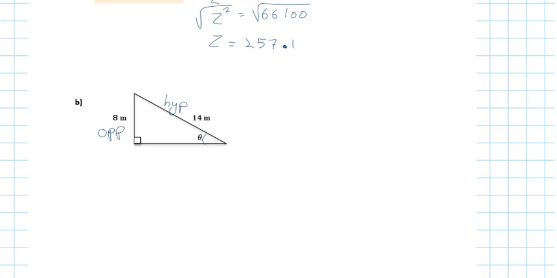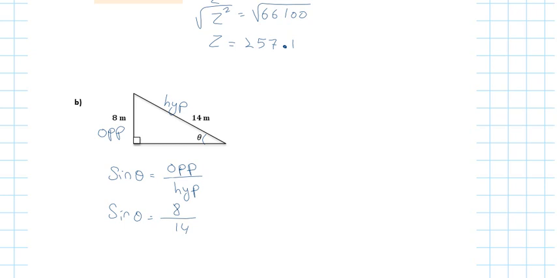So, sine theta equals 8 over 14. I'm going to write the formula first because I like to show my work. And now, the reverse operation, which is sine inverse.